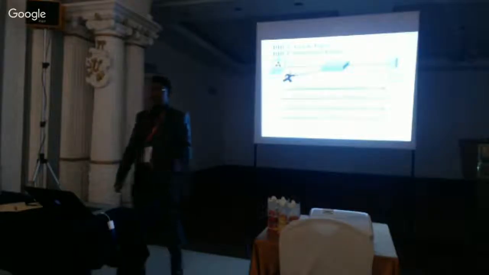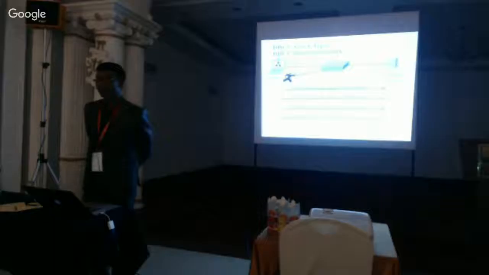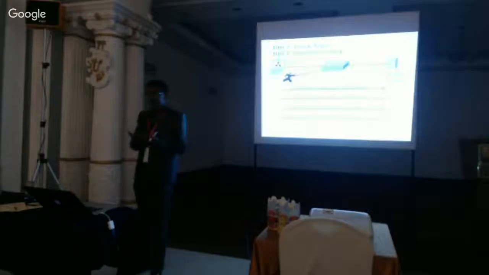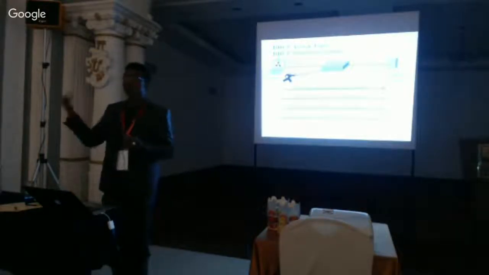Okay, DHCP attack types. One of the attacks is the DHCP starvation attack. In the first case, the attacker sends thousands of DHCP requests to the DHCP server, and captures all the available IP addresses in the DHCP server.